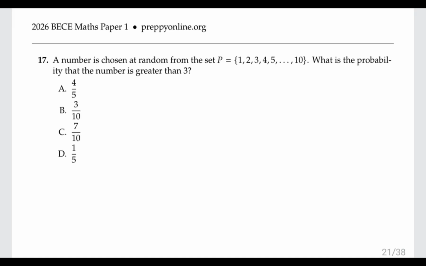One definition of probability, when you have equally likely outcomes, is that the probability of an event is the number of favorable outcomes over the total number of outcomes.